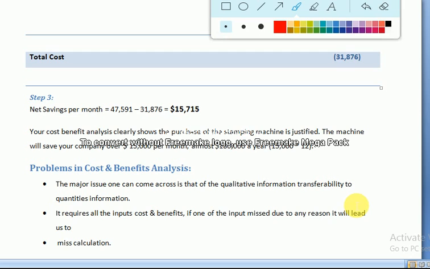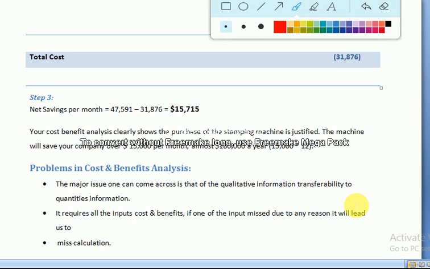Clear? The second issue is that it requires all the inputs of the cost and benefits. If one of the inputs is missed for any reason, it will lead us to miscalculation. So, while we are calculating the cost, all costs should be calculated.